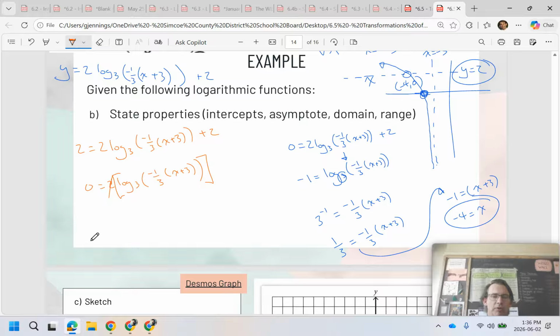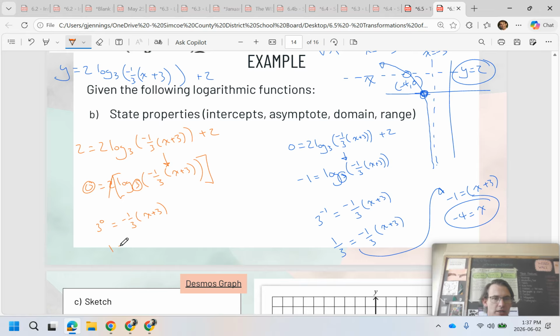So now when I put this into exponential form, how do we solve for x? Yeah. So you have 3 to the power 0, which is 1. 3 to the 0 is equal to this stuff, -1/3 times x plus 3.